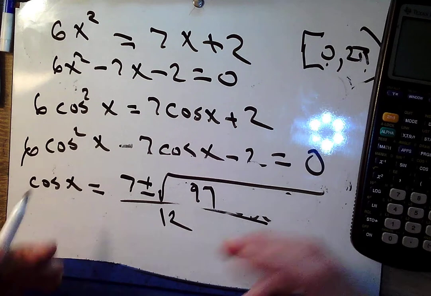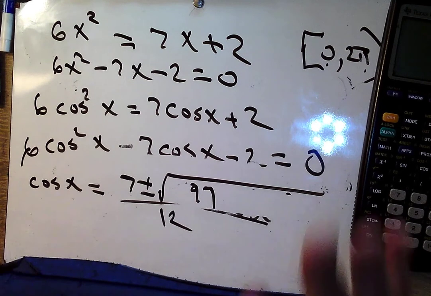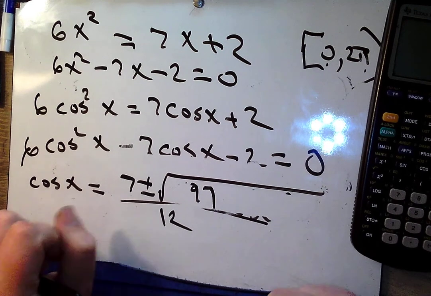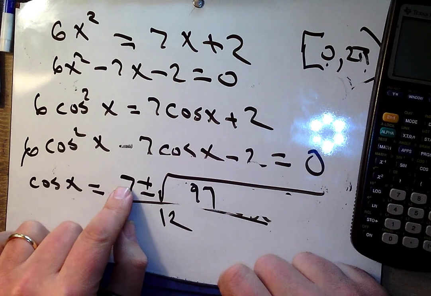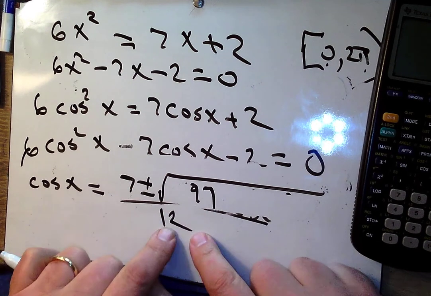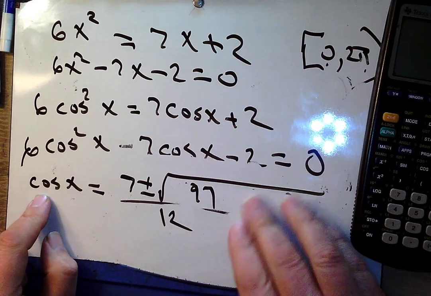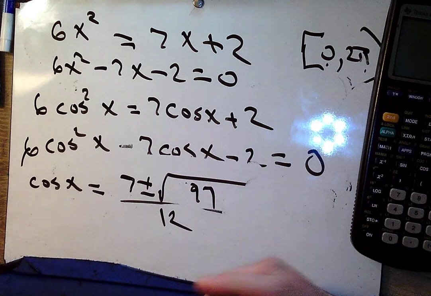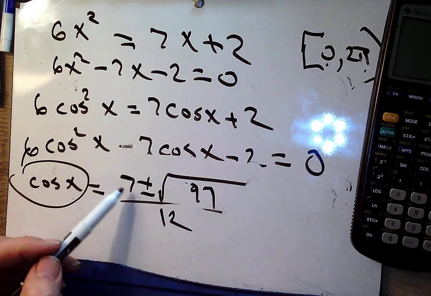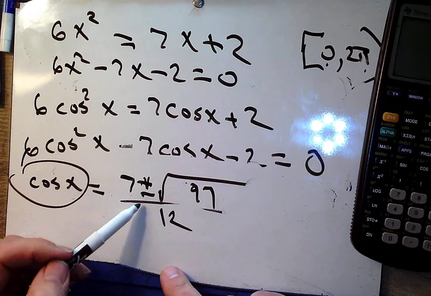Sure. But now, let's think about it. All right, I've got this with quadratic formula. And I'm going to do 7 plus root 97 over 12. But I can't do that by hand. I'm going to graph this, and this is 2 sets of solutions.